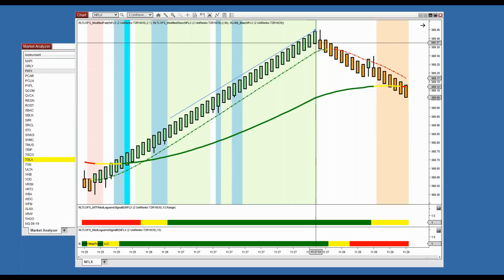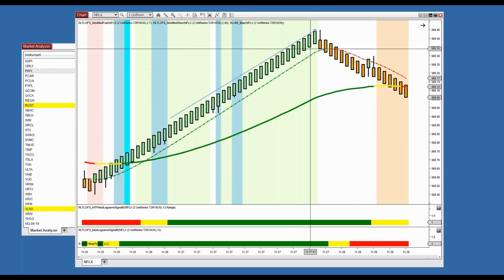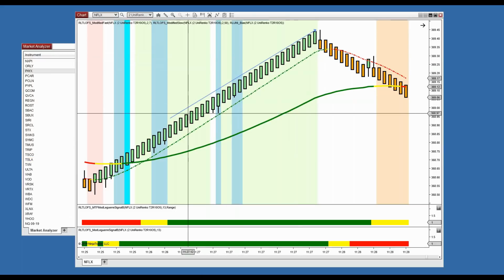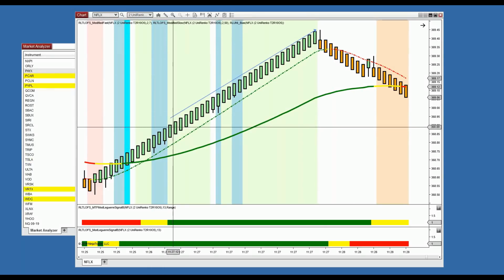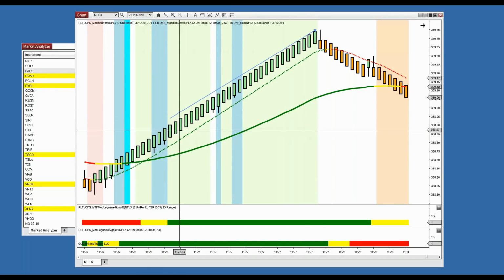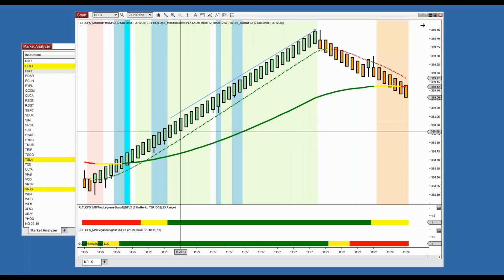And if you trade 1,000 shares, you're going to make a ton of money here on a very limited amount of risk. A 2-unit Renko, you're going to take 13 cents of risk on every share you trade.